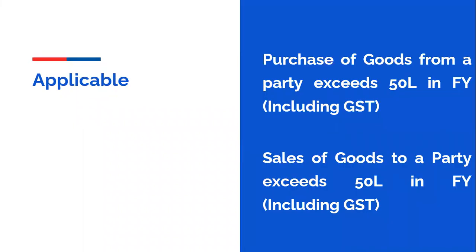Applicable, as I said, to purchase of goods which exceed 50 lakh, no matter if it is in a single transaction. For example, if you have done a purchase entry of 10 lakh first, then a purchase entry of 5 lakh, and then a purchase entry of 35 lakh, in this scenario, when you go for the purchase entry of 35 lakh, it will count from the previous transactions.